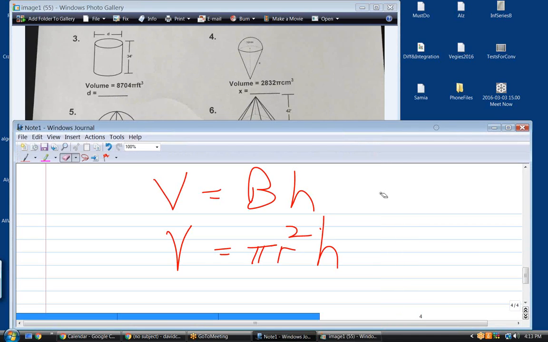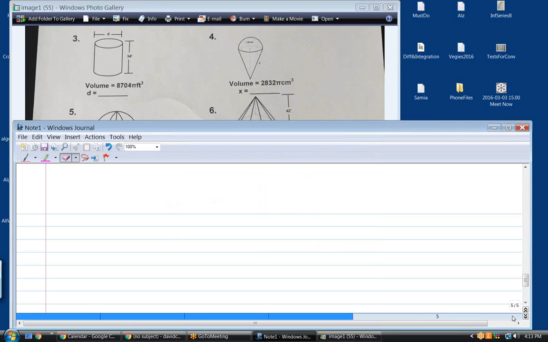Now, 4 is kind of interesting. We're looking for volume. Do we have a formula for the volume of an ice cream cone? No. But we do have the volume of a cone, and we know the volume of a semisphere. So our total volume here, let's write the general equation.